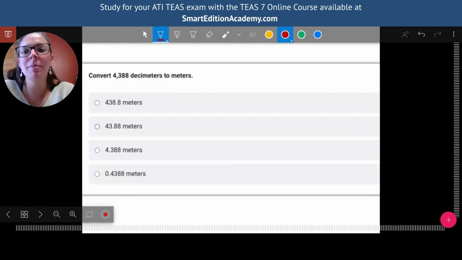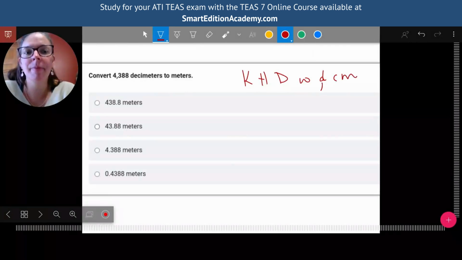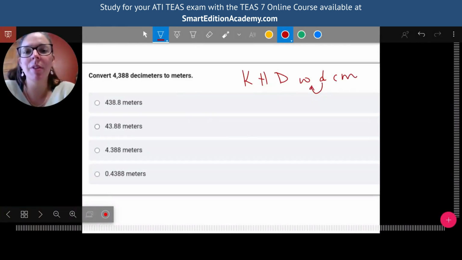Okay, let's go from decimeters to meters. Looks like we have to swoop once to the left. So that would be 438.8 meters. Same thing as dividing by 10.